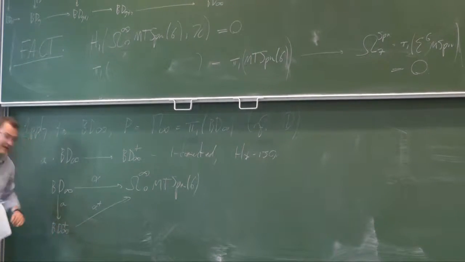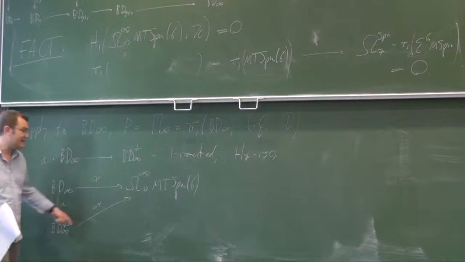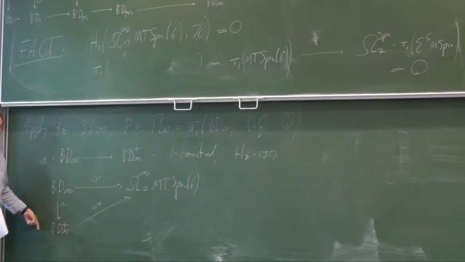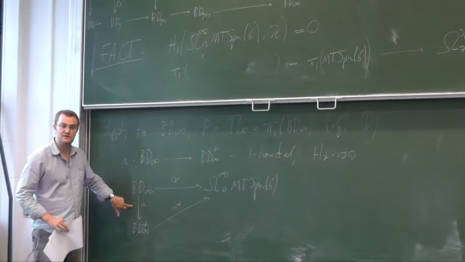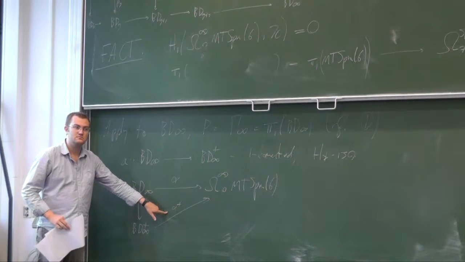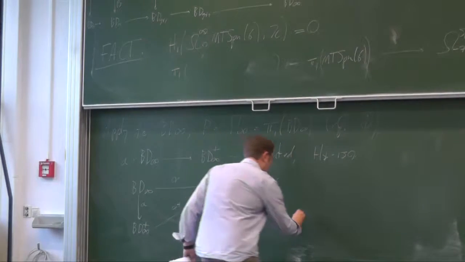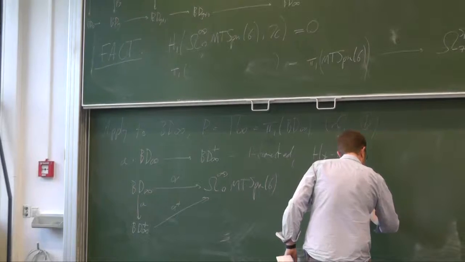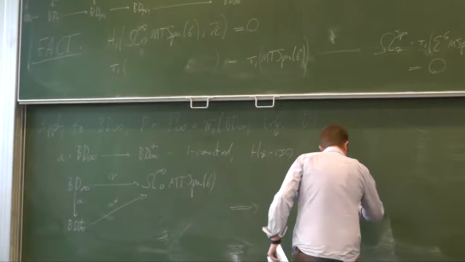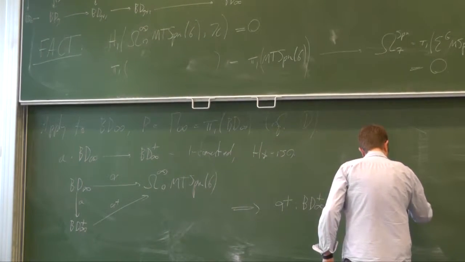I want to apply Whitehead's theorem. I now have two simply connected spaces, and I have a map which is a homology isomorphism, and so that is a homotopy equivalence of this space.